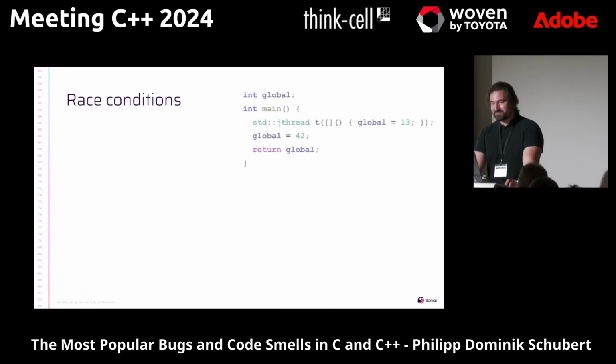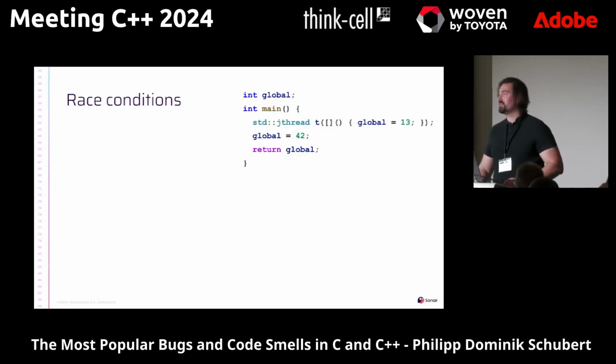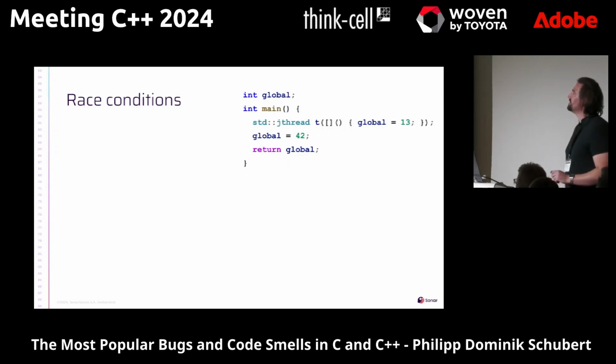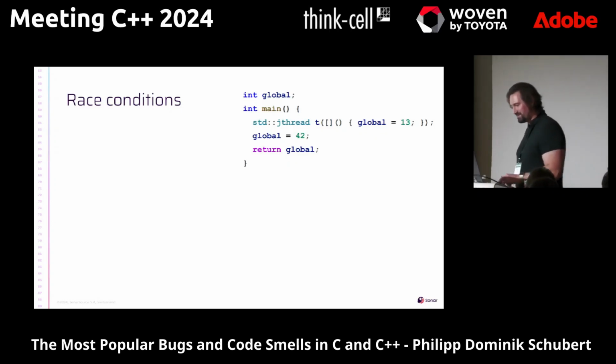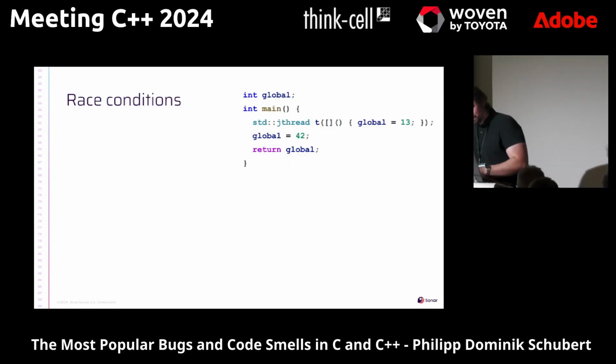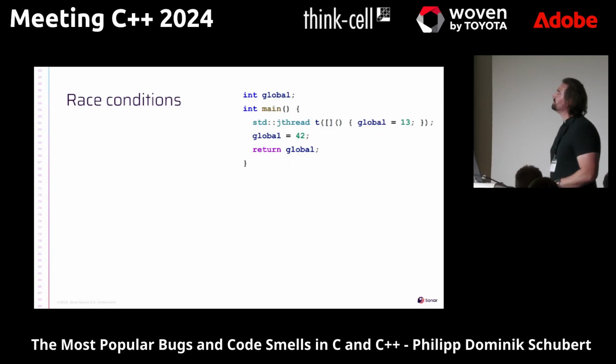Yet another example which is really hard to detect and to debug in real-world systems are race conditions, right? I mean, that's a simple example. We have a global variable which is zero-initialized. Luckily, at least globals are zero-initialized because it doesn't come with an additional cost. It can be done at compile time.